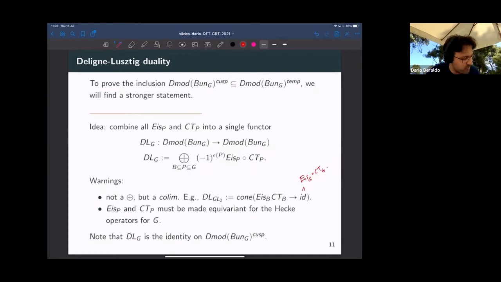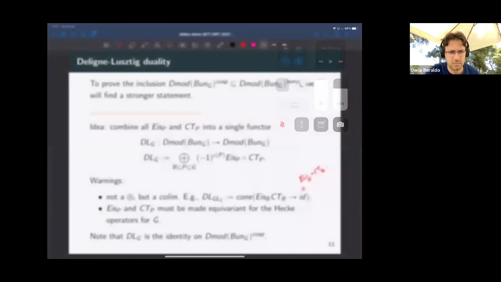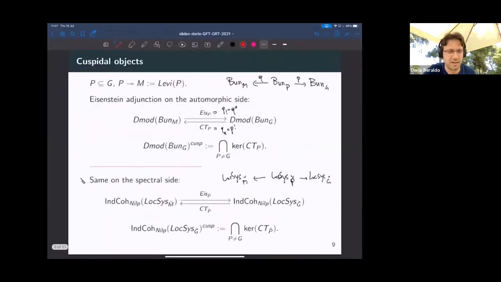But that's still a lie, because I'm not really using this Eisenstein constant term exactly as I defined them before. I need to modify them to make them equivariant for the equioperators for G. This is a technical point which is irrelevant for today, but nevertheless, let me say one thing, reaching ahead.